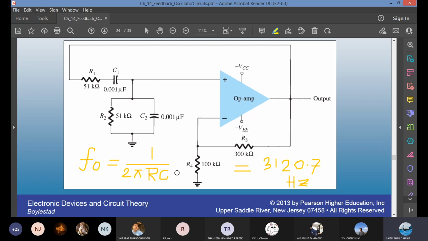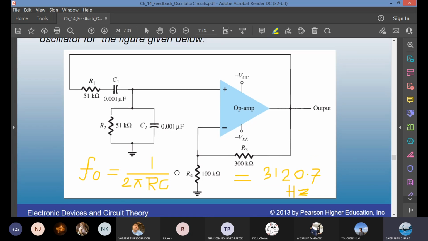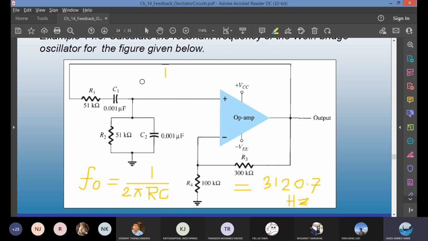Teacher? Yes? Like how did you find R, did you just combine all R and put it in there? The formula is actually this. 1 over 2 pi, I hope you can see the writing, R1 C1 and also you have to write R2 C2.